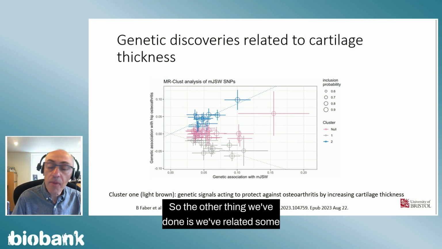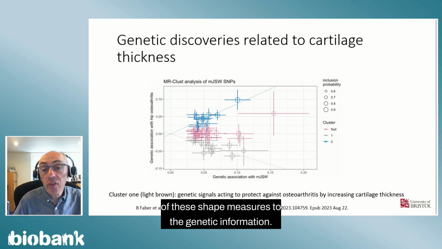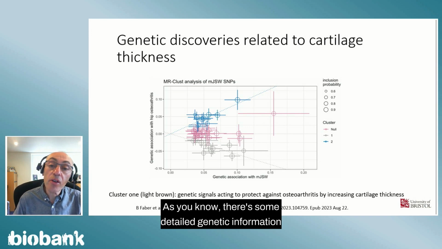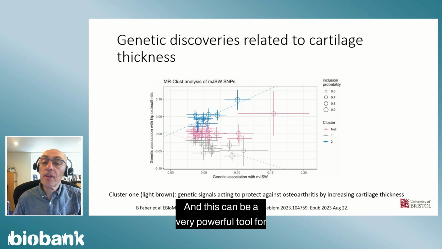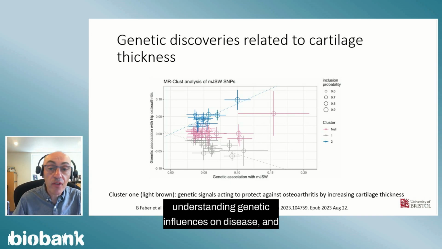The other thing we've done is relate some of these shape measures to genetic information. As you know, there's detailed genetic information that's been obtained in UK Biobank participants, and this can be a very powerful tool for understanding genetic influences on disease.